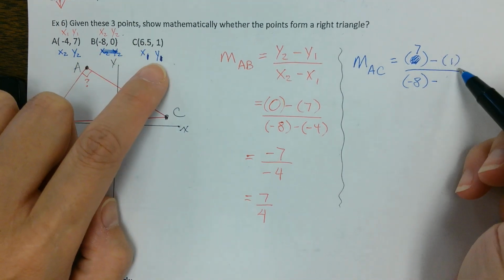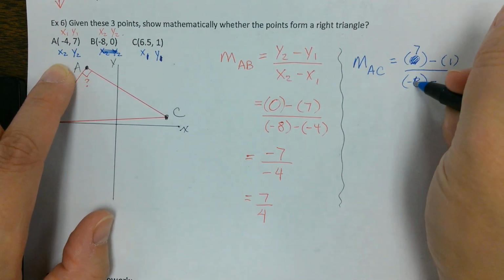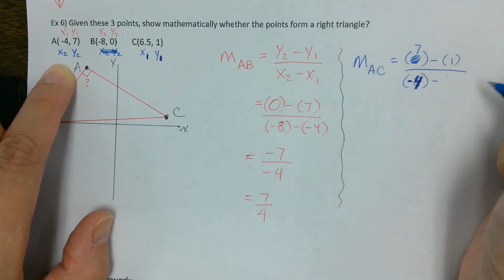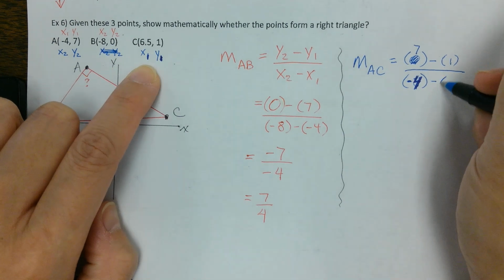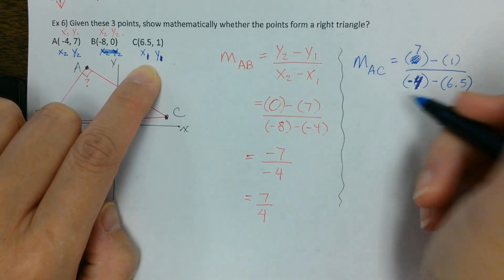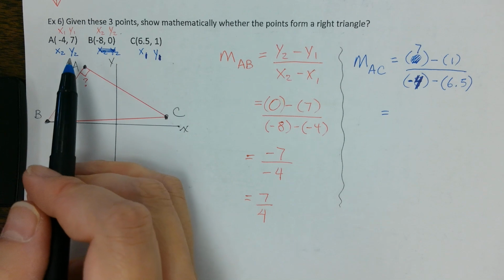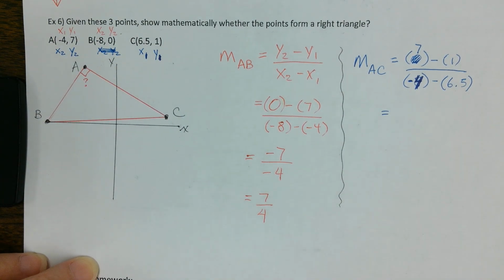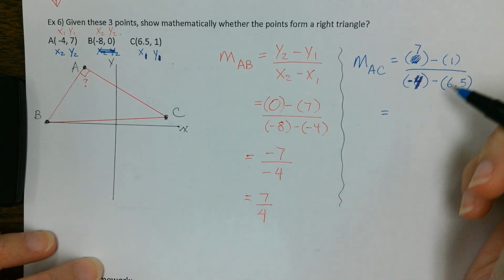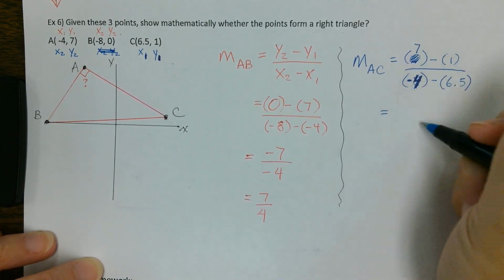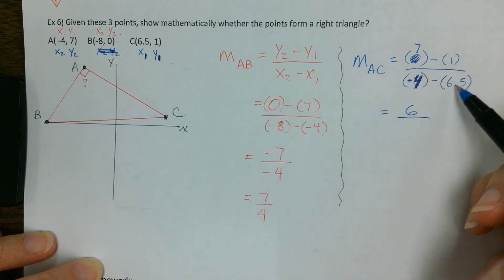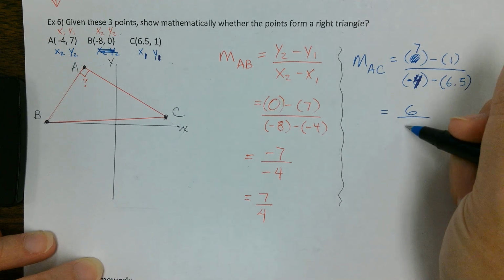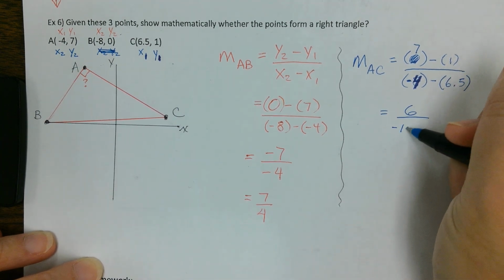So 7 minus 1 over negative 4 minus 6.5. Again, if you did this as x1, y1, x2, y2, you'll get the same answer. Order doesn't matter. So 7 minus 1 is 6. Negative 4 minus negative 6.5, you get negative 10.5.